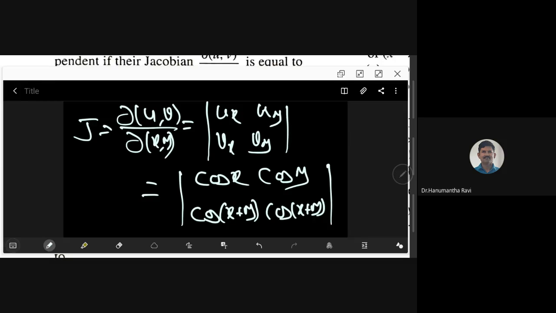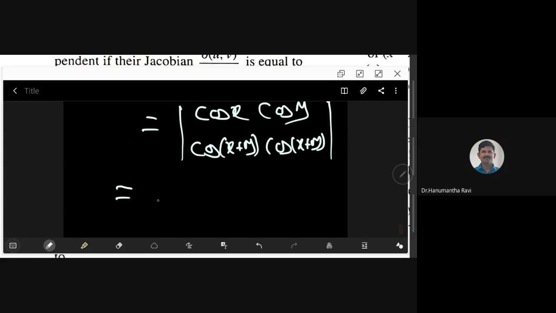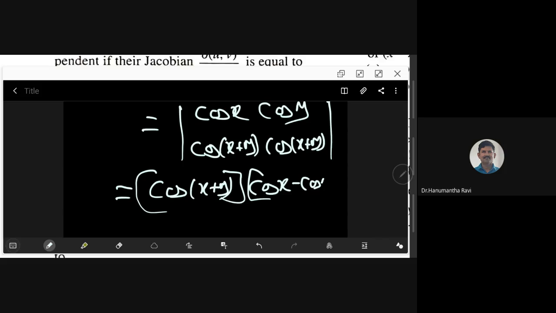So, what will be the answer here? Right. So this is equal to cos of x plus y into cos x minus cos y.